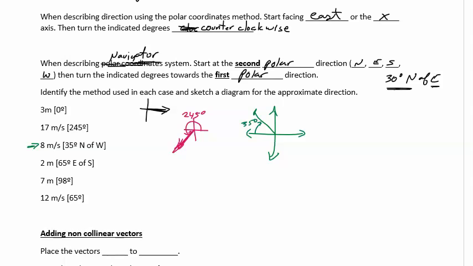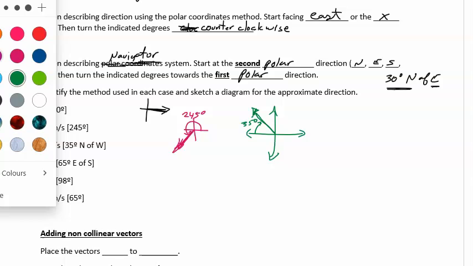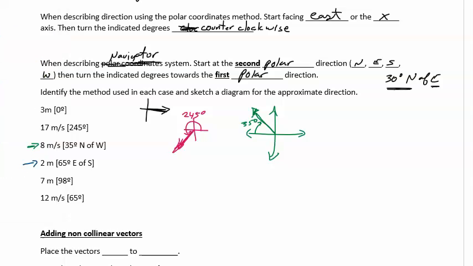So it'll look something like that, where this is our vector. Choosing a new color for the fourth one. Choose blue for this one. 2 meters, 65 degrees east of south. Well, this one, we're going to start in that south direction and turn towards the east 65 degrees. So it'll look something like that.